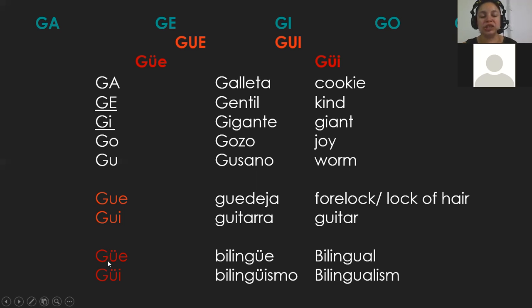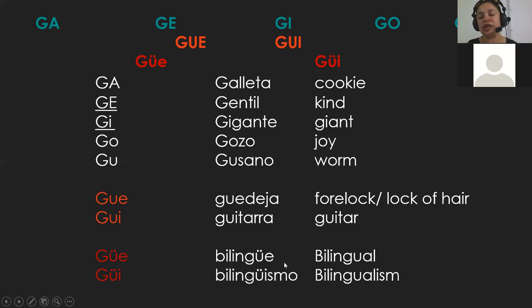Also, we have the G, and if you see, we just add 2 dots on the top of the U. That is for pronouncing the U. Because here we are going to pronounce bilingüe. So this syllable that we have here is pronounced gue.